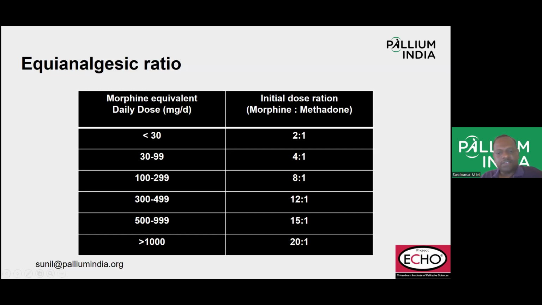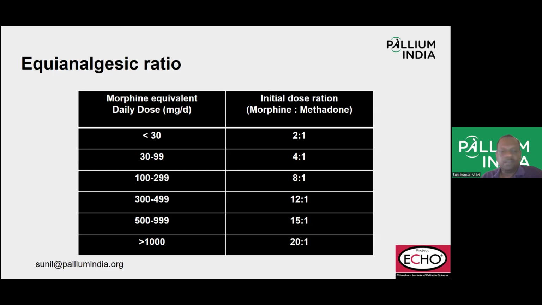What is the potency of fentanyl? Okay. So the potency of tramadol is, yeah, Dr. Bhargav Dev says it is 1/10. Yeah, tramadol is 1/10 as potent as morphine.